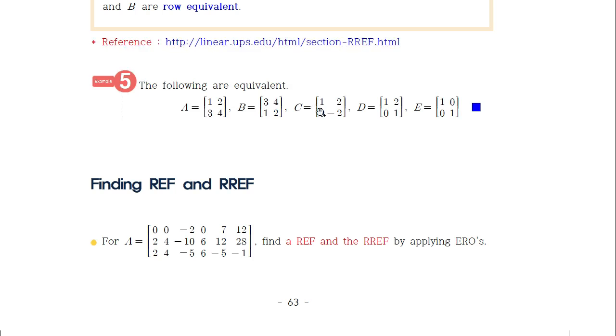So see, these two matrices are row equivalent. From here, you multiply 1 over minus 2 on the second row to have this. So these two are row equivalent. Then you multiply -2 on the second row and add it to the first row to have this matrix, the identity matrix, from here. So these are row equivalent. So eventually, all of these 5 matrices are row equivalent. Okay?